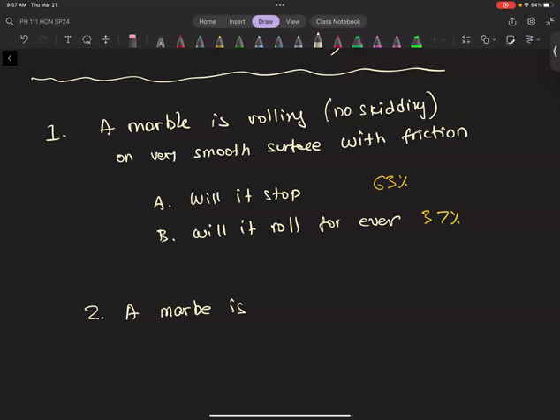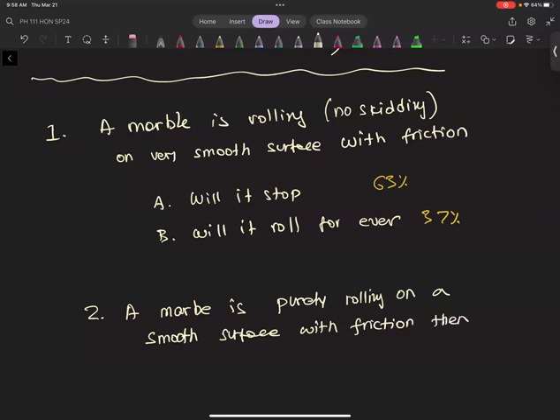A marble is purely rolling on a smooth surface with friction, and then enters an icy one.